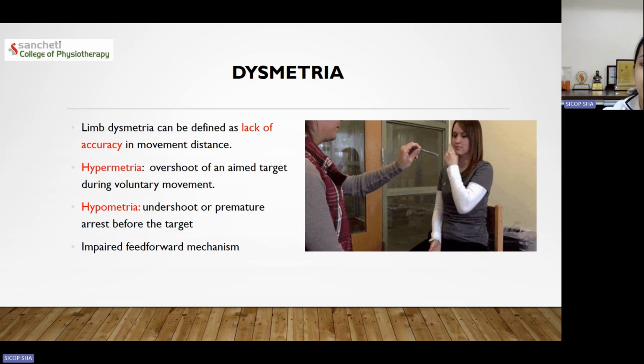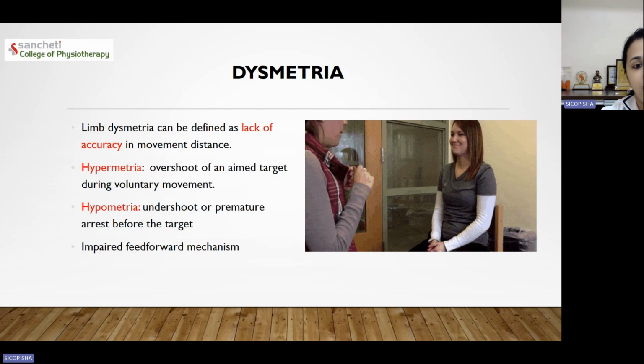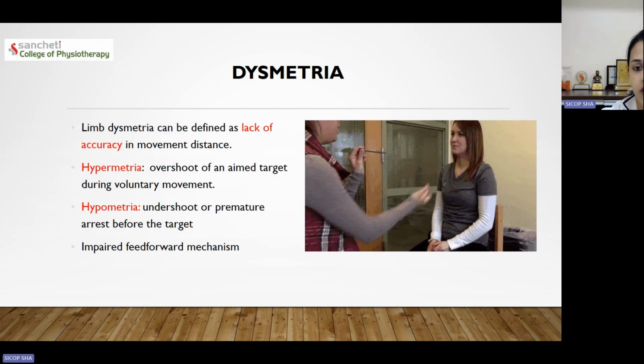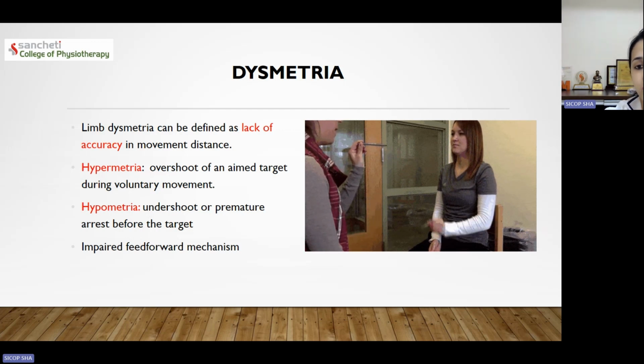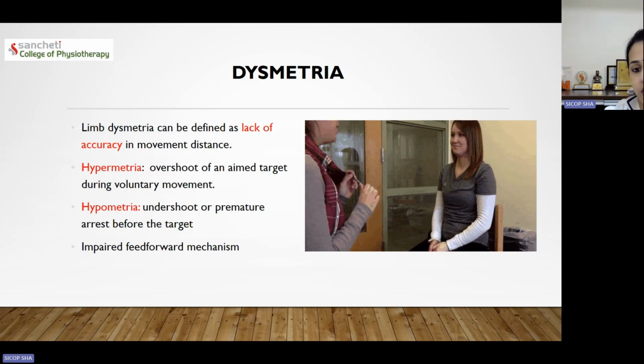This dysmetria can be classified into two types, hypermetria or hypometria. Hypermetria is overshoot of an aimed target during voluntary movement. So if a person wants to reach a particular target, and the person's hand goes beyond that, it is hypermetria, that is, overshooting.